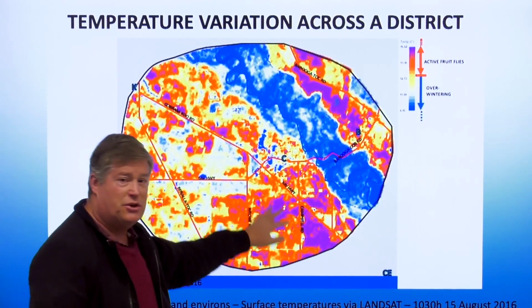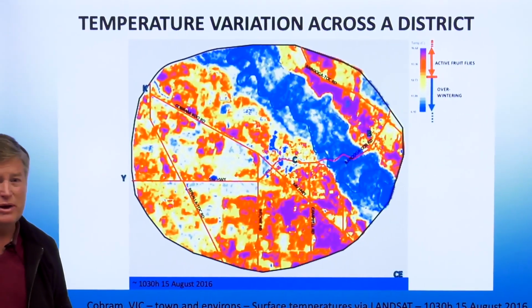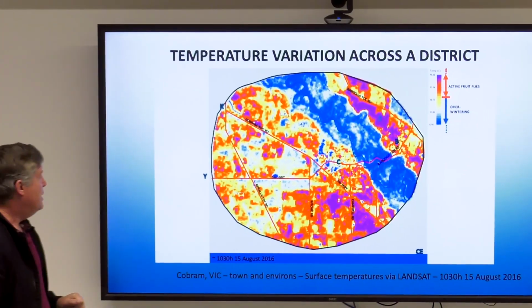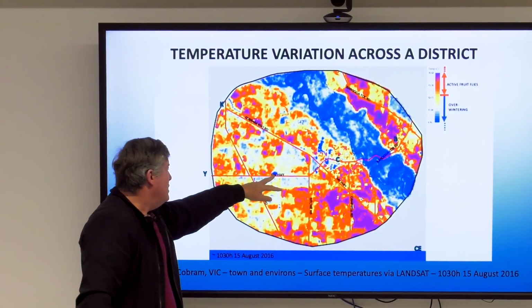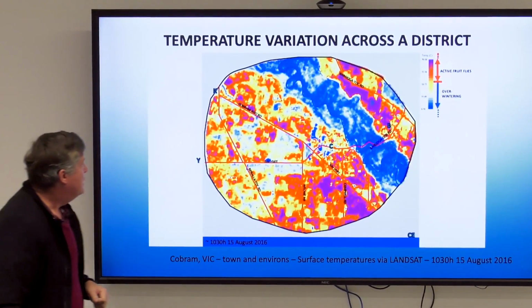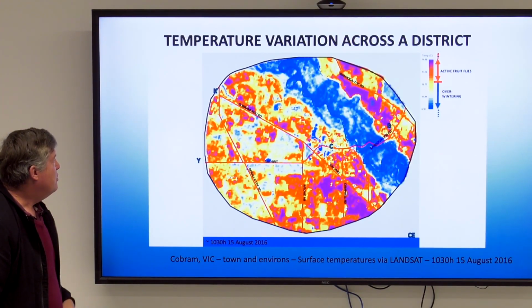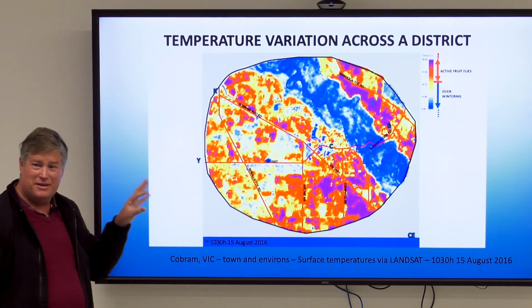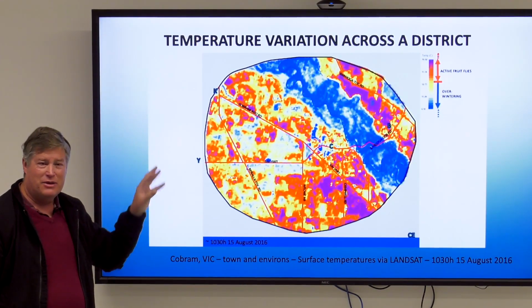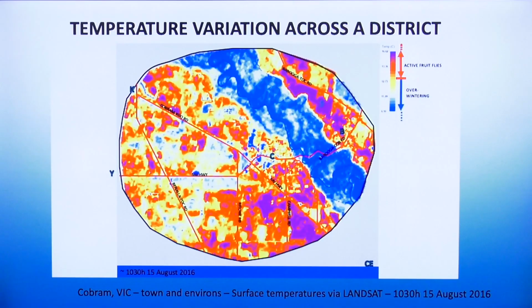And they're certainly the right temperatures for flies to move around. But there are patches that are cold. That might be a dam or something like that, and so forth. I can't explain why they're purple, why they're warmer than others. It might be height or altitude, or it might be rocks in the soil as heat sinks or something like that. But that's just interesting. That's from a Landsat vision of Cobram a few years ago.